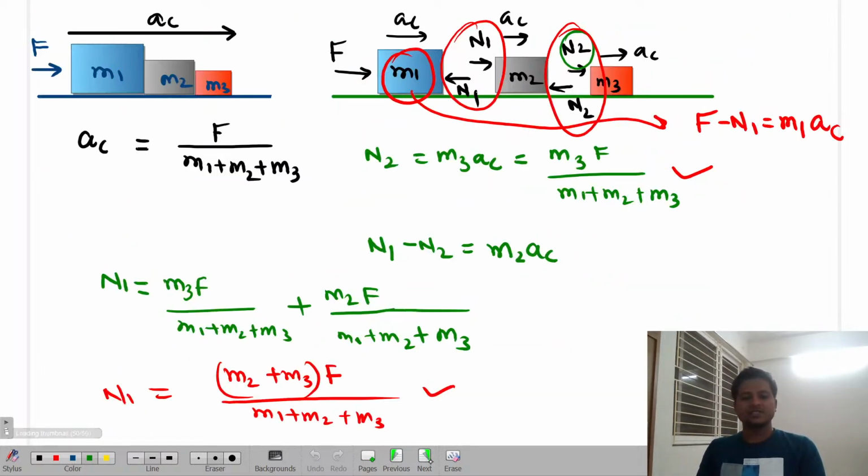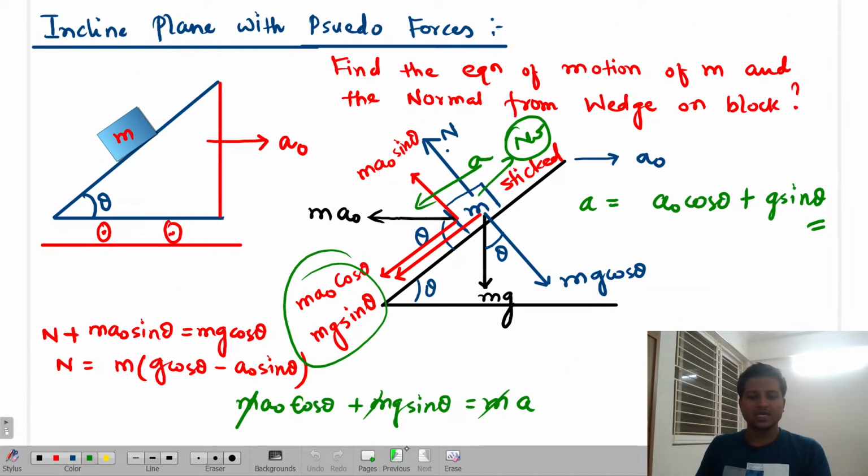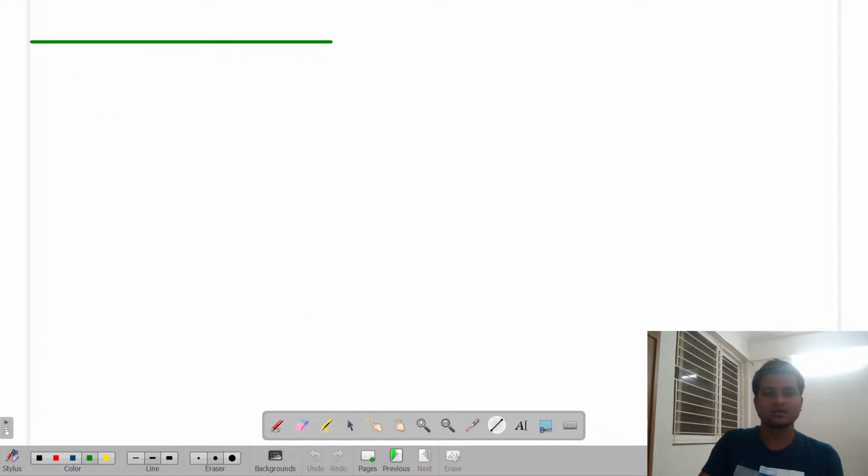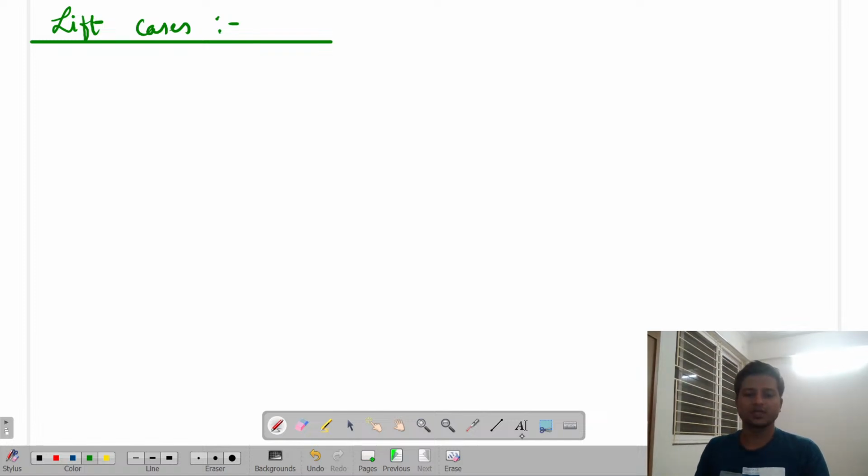So we'll see one more case, and we call that the case of lift. Lift cases. There are three lift cases in the books, but we'll talk about four lift cases right now.